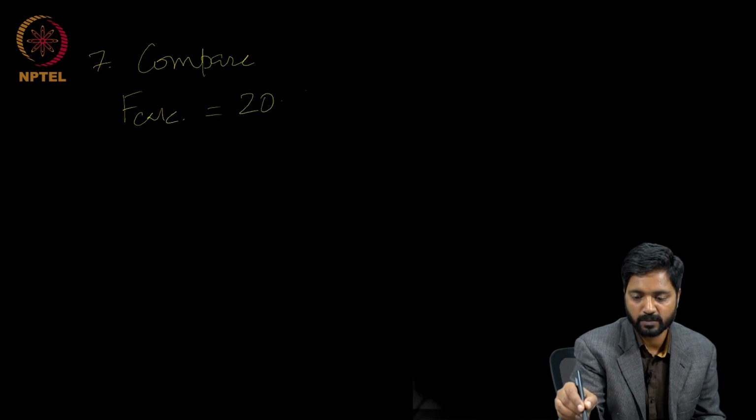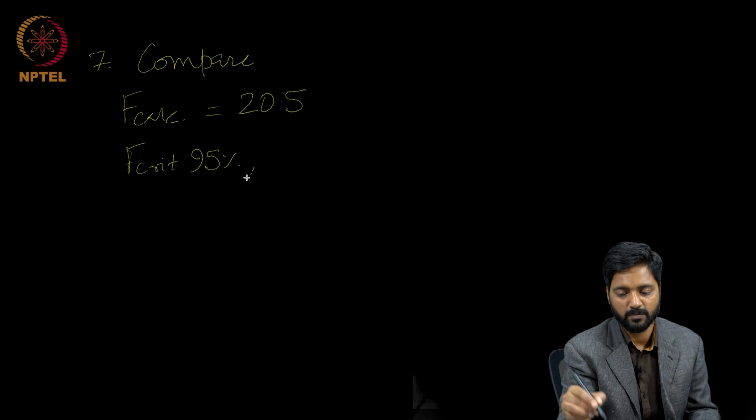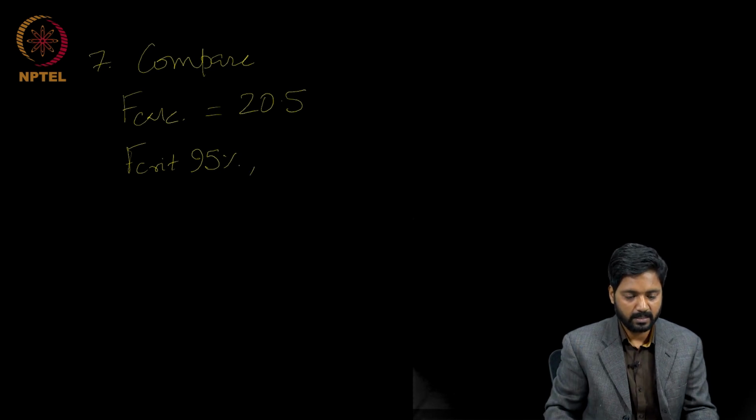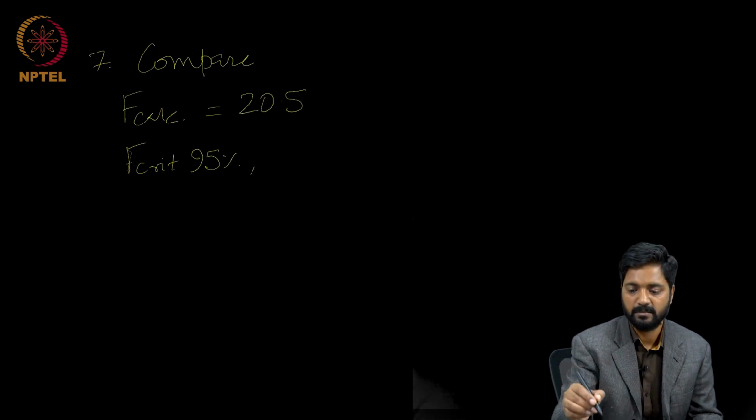In the final step, we will compare the F calculated, which is 20.5, with F critical at 95% confidence level and the degrees of freedom being 4 and 10.